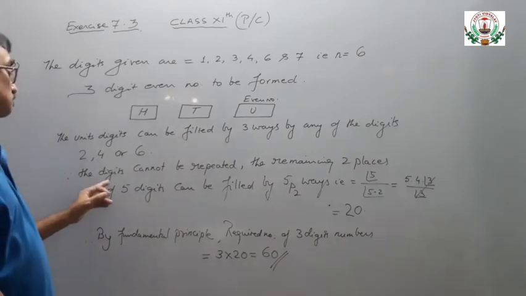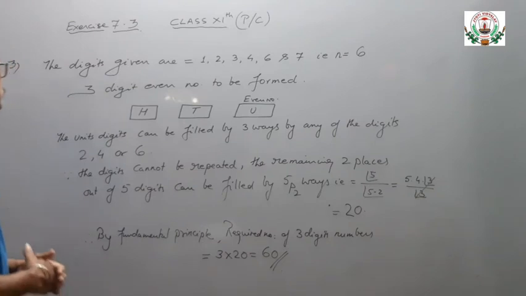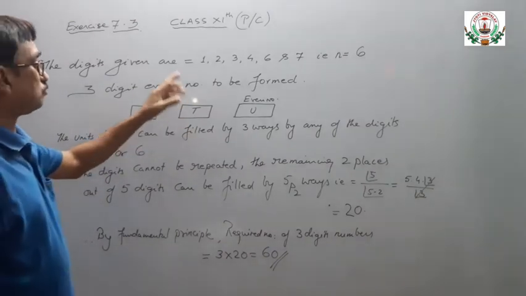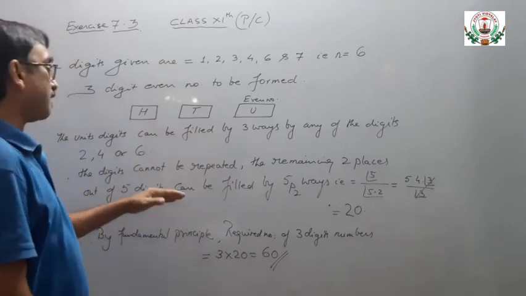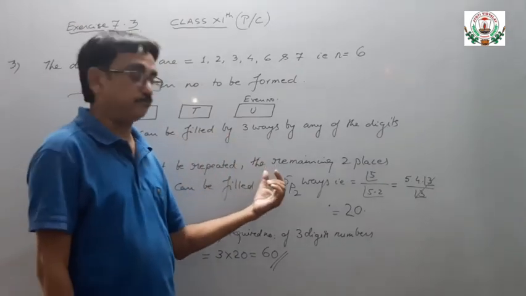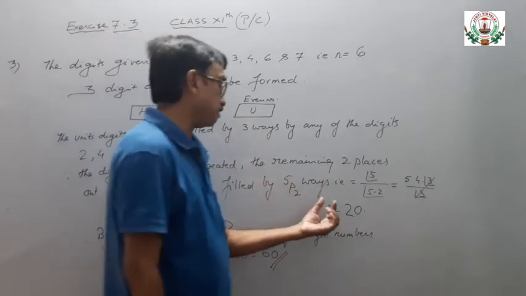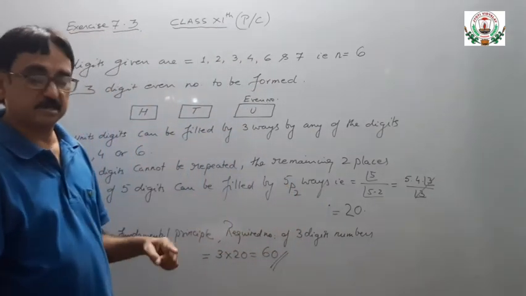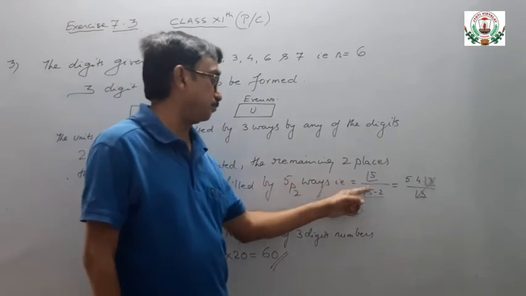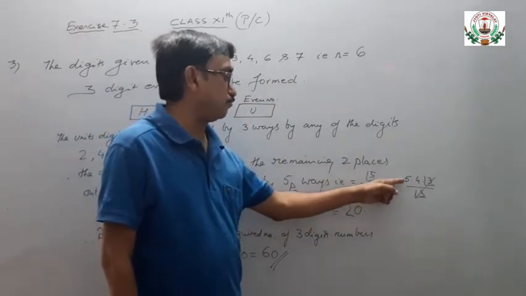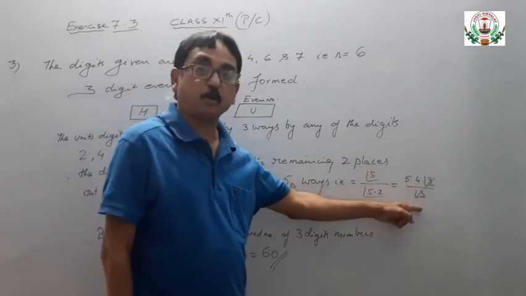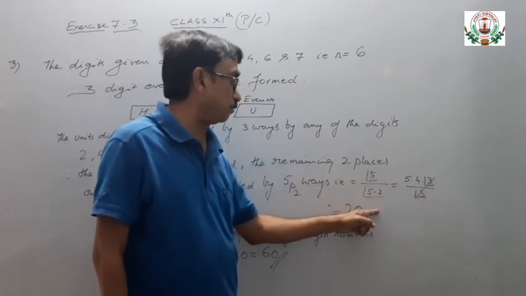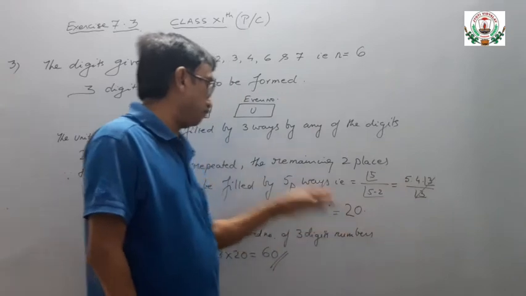The remaining 2 places, out of the 5 digits, can be filled in 5P2 ways, that is nPr, factorial n upon factorial n minus r. So factorial 5 upon factorial 5 minus 2, 5 into 4, descending we will stop at factorial 3, as factorial 3 will be cancelled out in the denominator. So 5 into 4, 20.